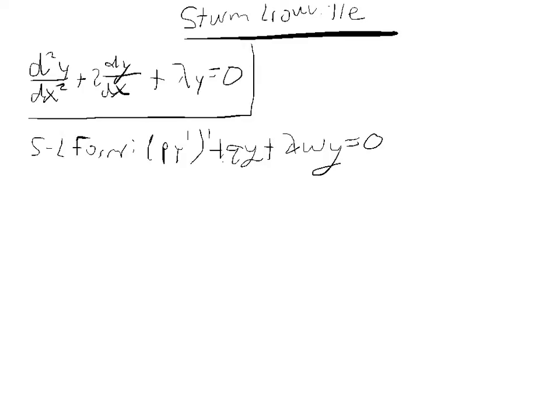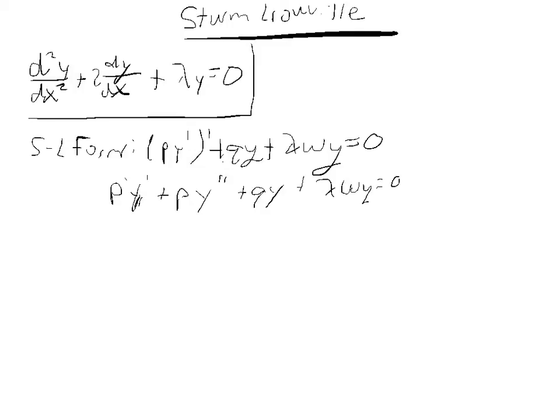And if we expand this section right here using the product rule, we get p'y' plus py'' plus qy plus lambda wy equals 0.